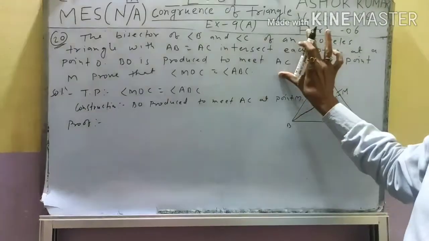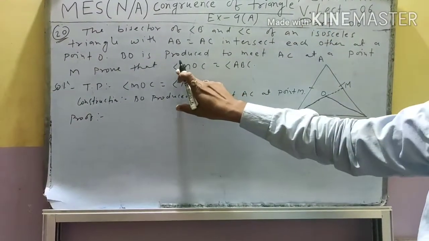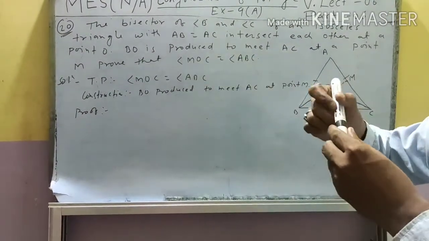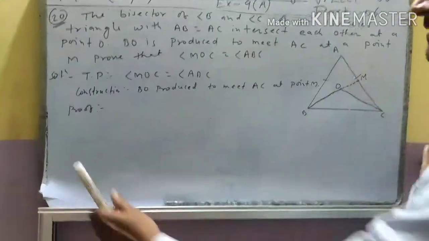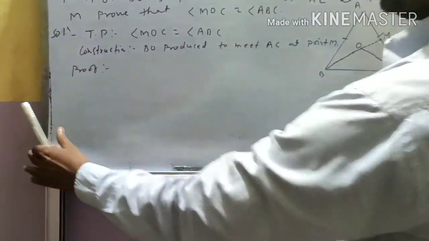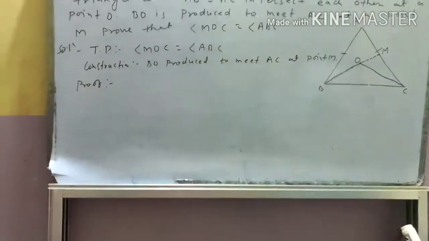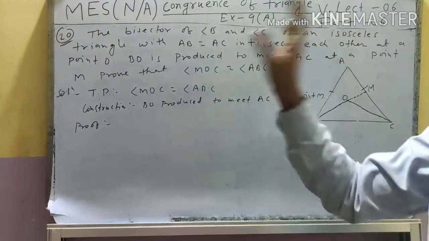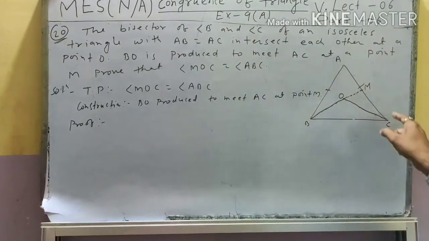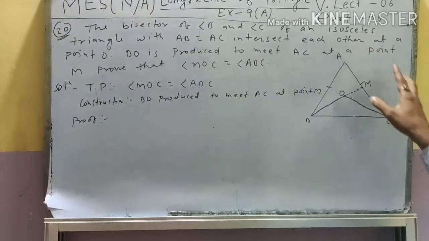So write down. Prove that angle MOC is equal to angle ABC. First of all, student, write down the given information. In triangle ABC, AB is equal to AC.